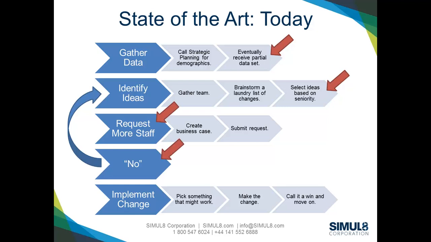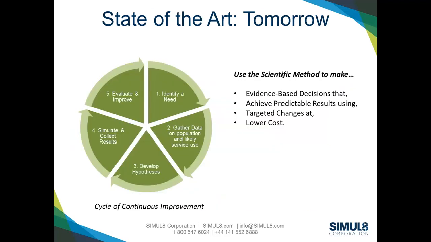So we can just flip to the next slide. Talk briefly about one way that we might do it, maybe a more effective methodology for picking interventions to focus on and changes to make. So if we think about the scientific method, what is it really designed to do, right?